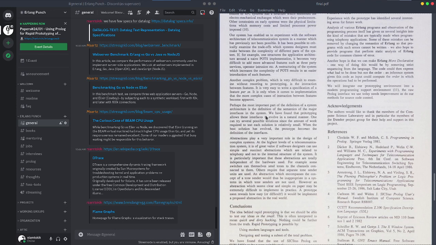We have found that prototyping allows these interfaces to evolve in a natural manner. One can try several possible solutions since the amount of work required to test each solution is relatively small. Once the best solution has evolved, the prototype becomes the definition of the interfaces.